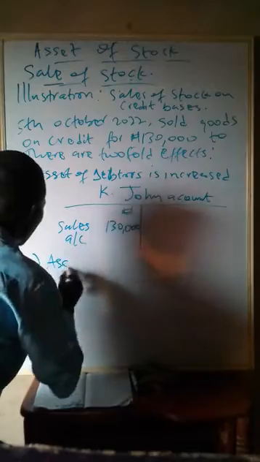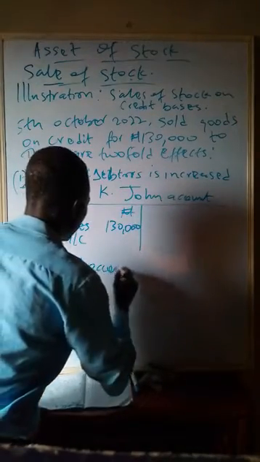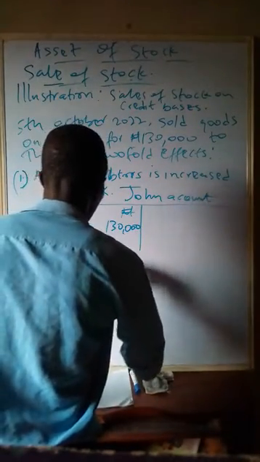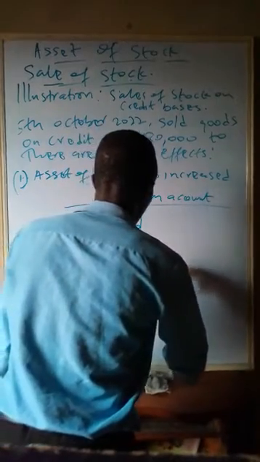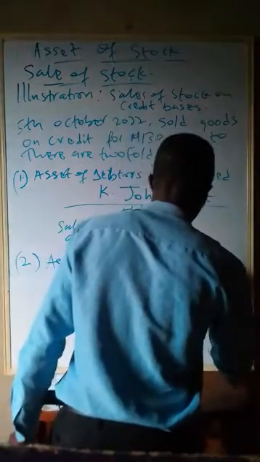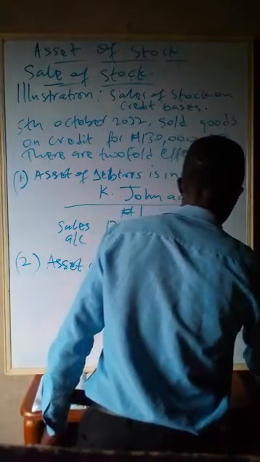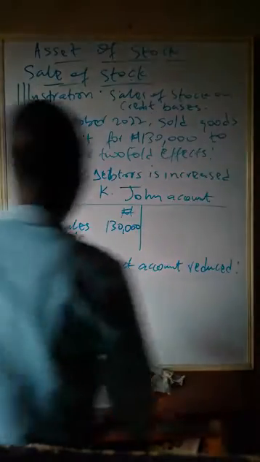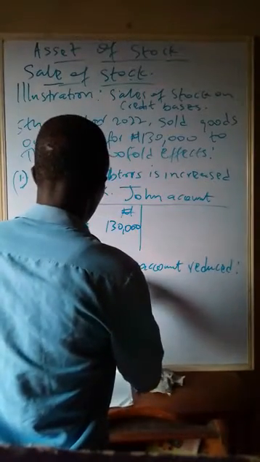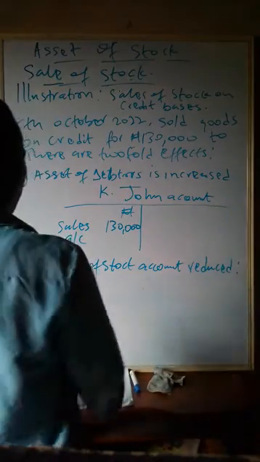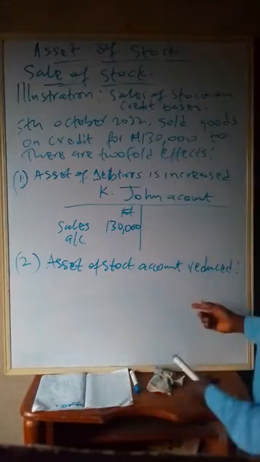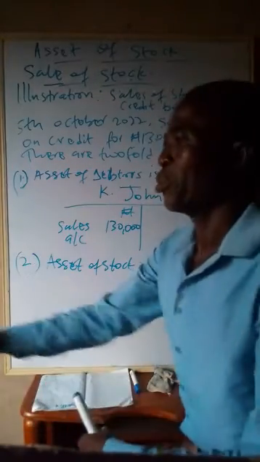Our asset of stock account is reduced, because from the stock we sell out, so it has reduced our stock.